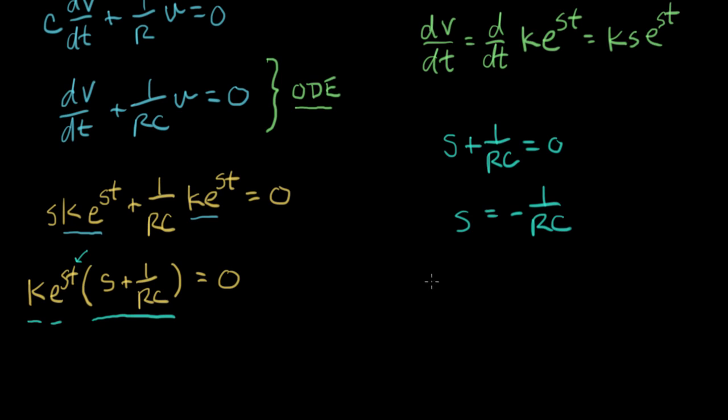And if that's the case, now we can say v of t, we're making good progress here, is some k times e to the minus t over rc. Now something really interesting just happened here. Look at this rc term here. This whole exponent has to have no units by the time we evaluate it.